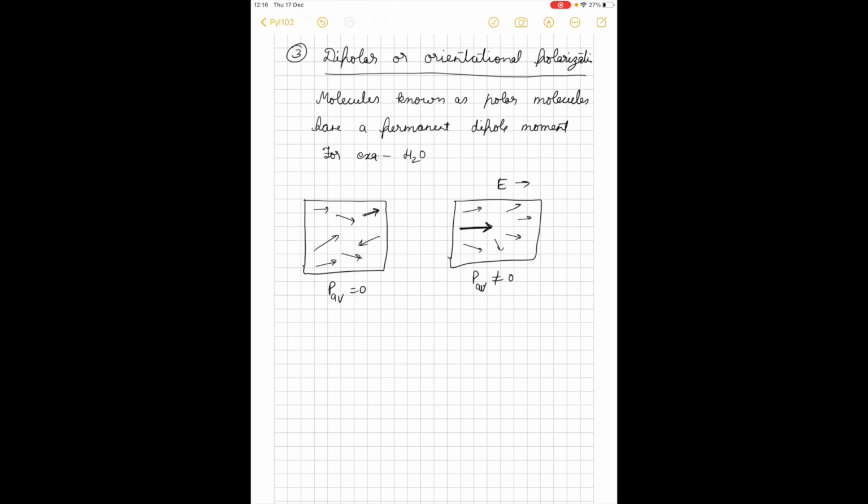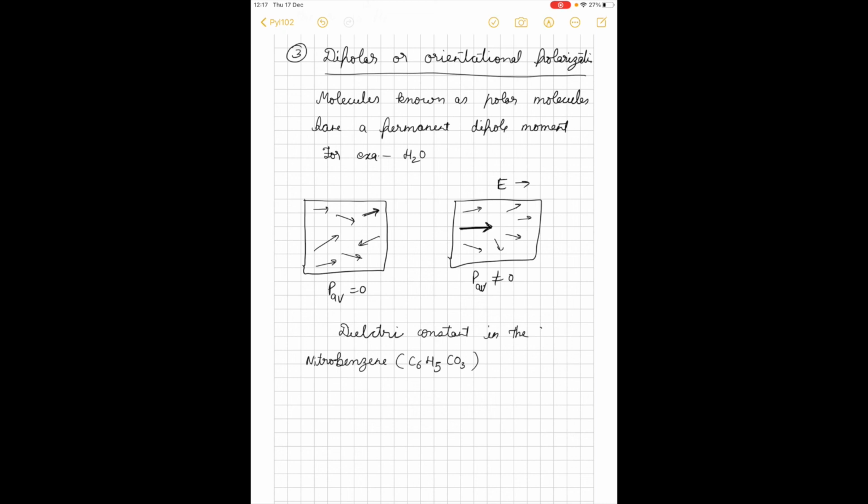And you know that the measure of the polarization is via the dielectric constant. So the dielectric constant in, let's say, water vapor, or there is another example, which is nitrobenzene, and if I want to write the chemical structure, it will be C6H5NO2.